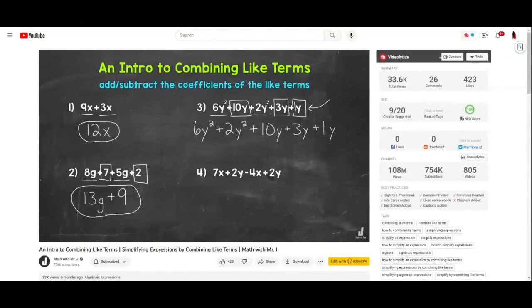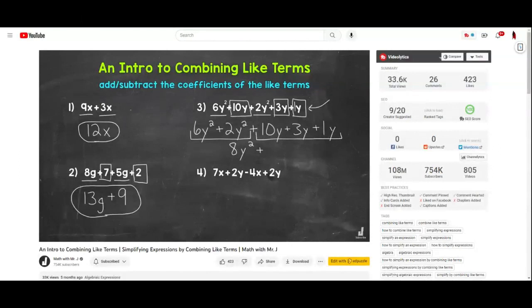Now we can combine like terms. We will start with 6y squared plus 2y squared. So add the coefficients. 6 plus 2 is 8. And then we have y squared plus, now we can combine the y terms.